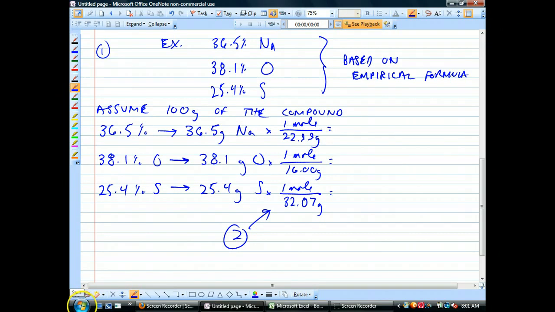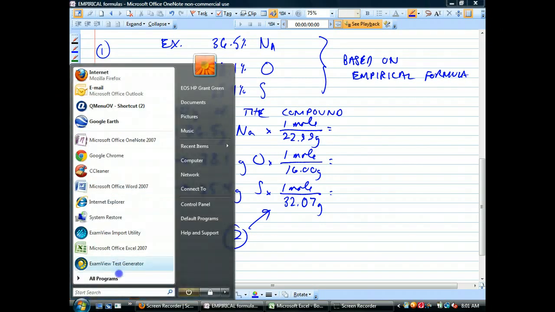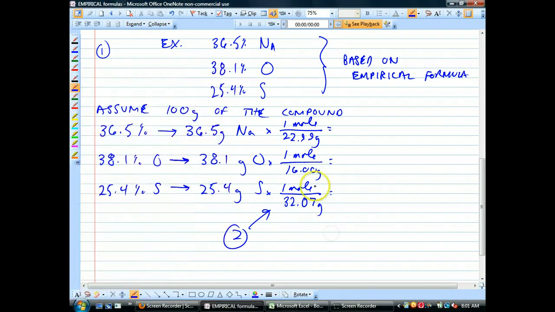All right. Now, if I do these calculations, I get 36.5 divided by 22.99 gives me 1.588, and the units there are moles of sodium.